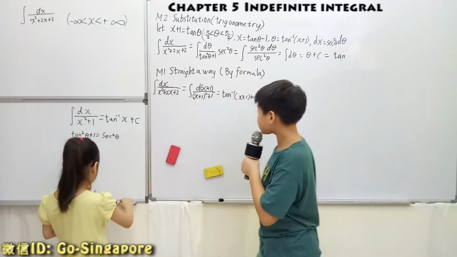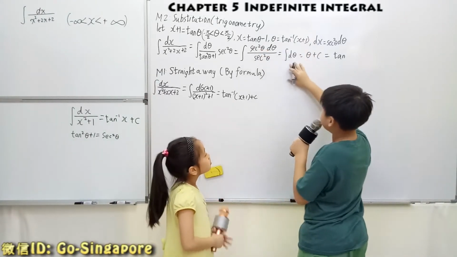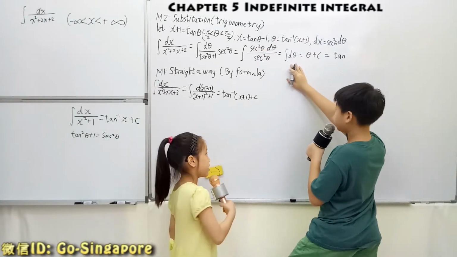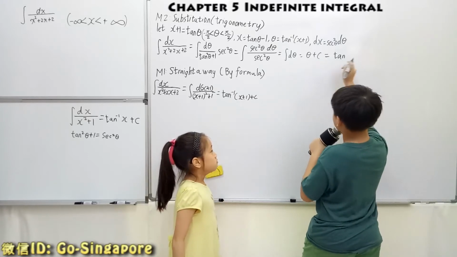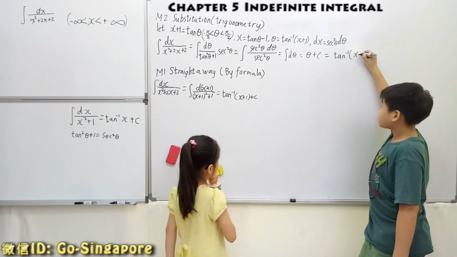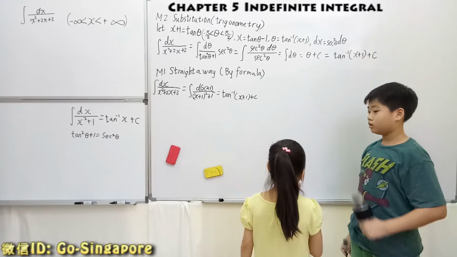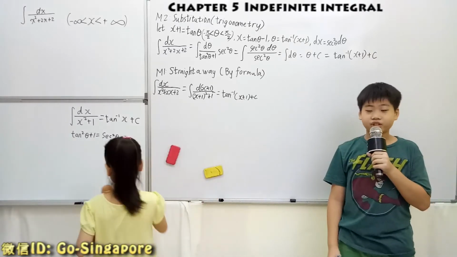Yes. Okay, yes, correct. So like this, these two can simplify. That will be like this, right? Yeah. After that, you integrate, and then you sub back. Yes. Like this, is it right? Yep. Okay, next, the third method.